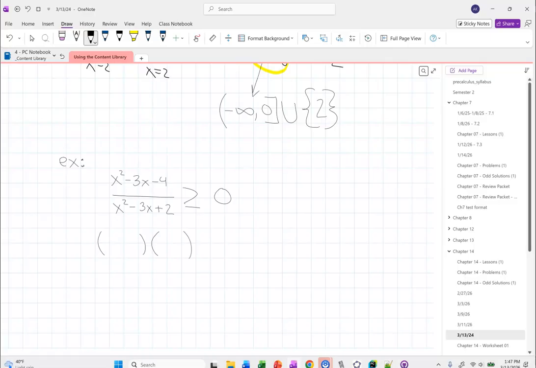It multiplies to give me negative 4 and adds to give me negative 3: negative 4 and positive 1. How about the denominator? Negative 2, negative 1.